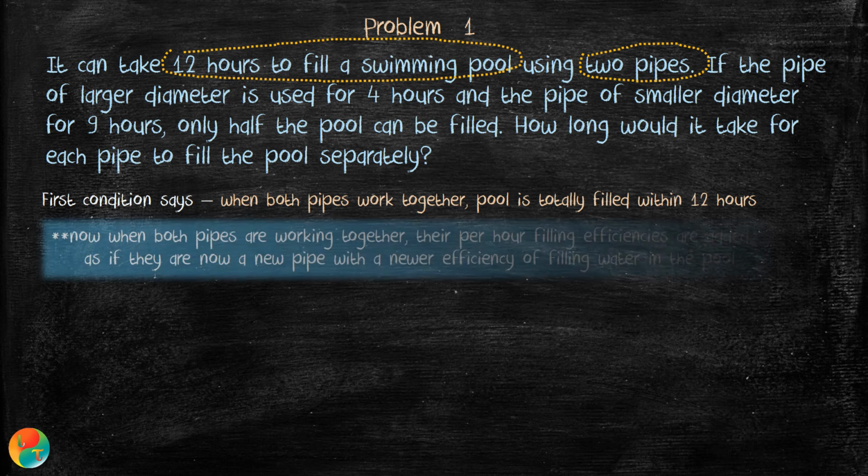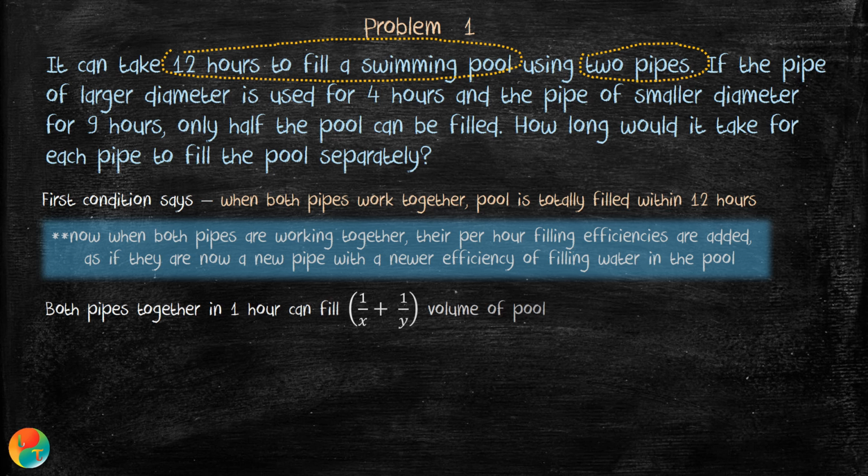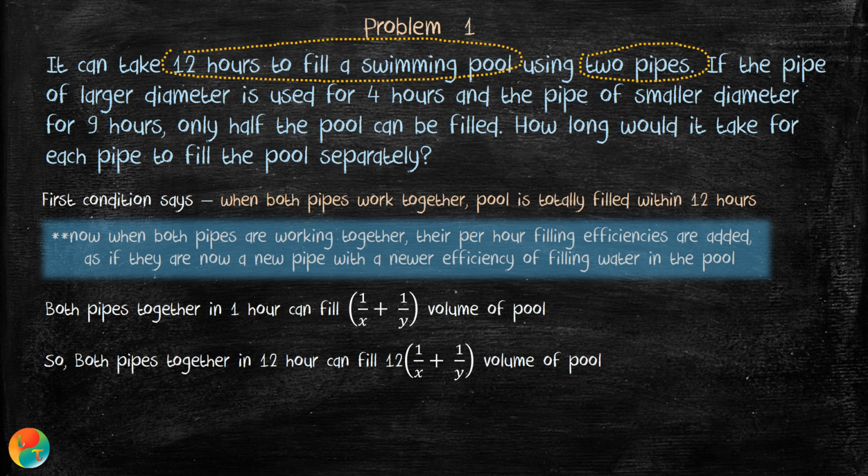Now when both pipes are working together, their per hour filling efficiency are added as if they are now a new pipe with a newer efficiency of filling water in the pool. Both pipes together in 1 hour can fill 1 upon x plus 1 upon y volume of pool. It means this much fraction of volume of pool. So both pipes together in 12 hours can fill 12 times this volume.